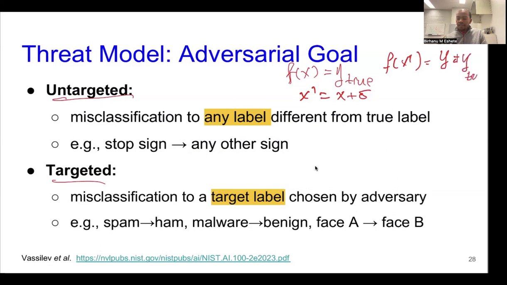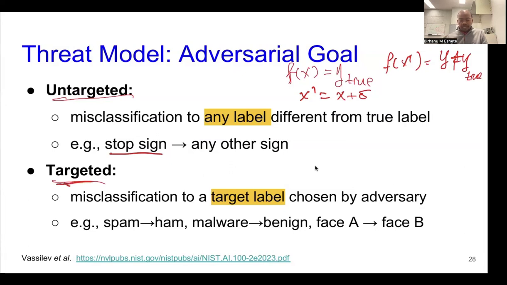So any y is acceptable as long as it's different from y true, the original ground truth label. For instance, in the case of the self-driving car, you could take a stop sign, perturb it and misclassify it as any other sign, because your adversarial goal in this case is, I don't want the self-driving car to stop at a stop sign, which has safety consequences.